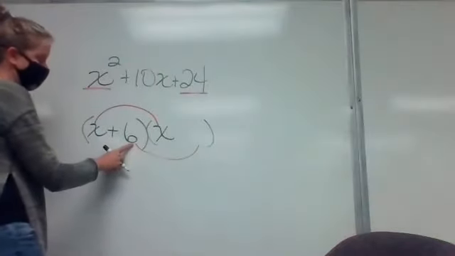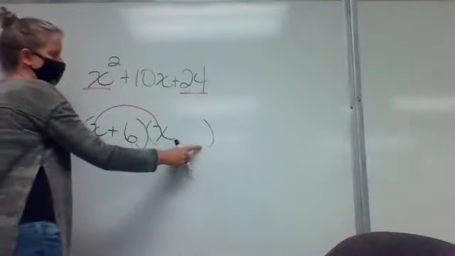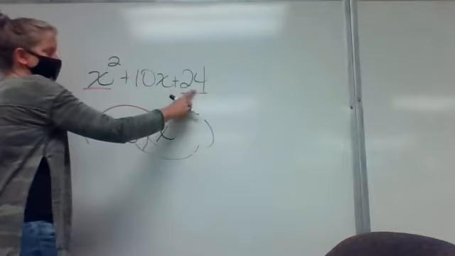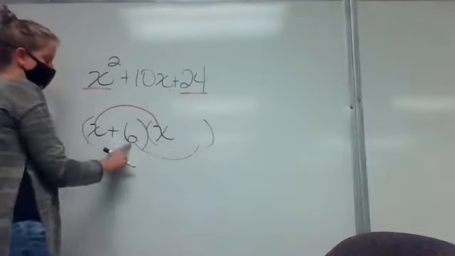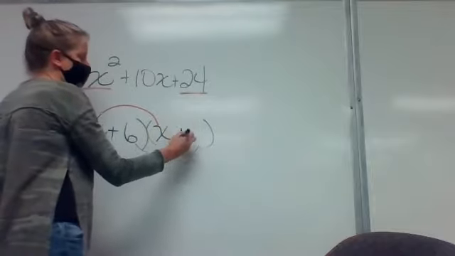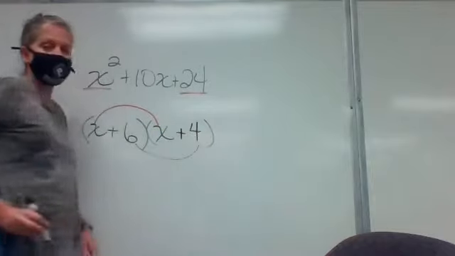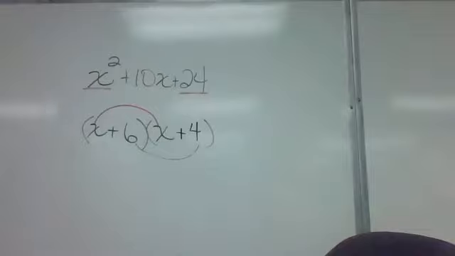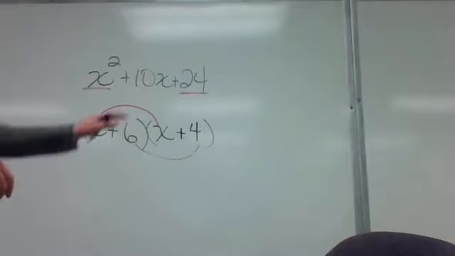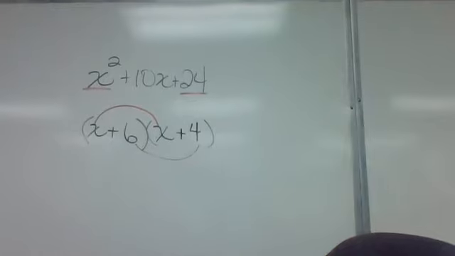If I already have the 6, what do I need to multiply 6 times to get positive 24? Well, I have a positive 6, which means I need to multiply that times a positive 4, right? Because 6 times 4 gives you 24. So x plus 4 is your answer. That's what goes in that missing parentheses.